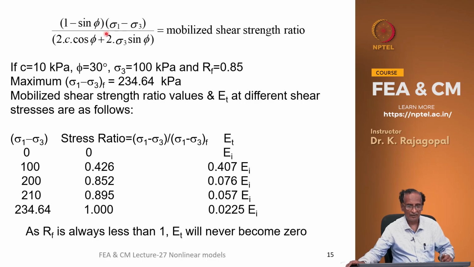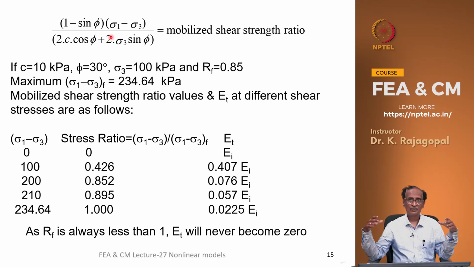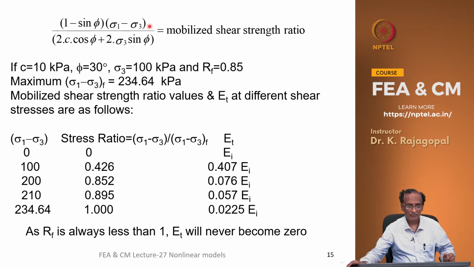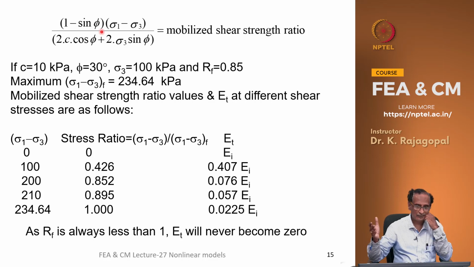So, this ratio is called the mobilized shear strength ratio. Initially in the triaxial compression test, when sigma 1 and sigma 3 are equal, this is 0, and then towards the ultimate state, when we are at sigma 1 f, this ratio will be 1.